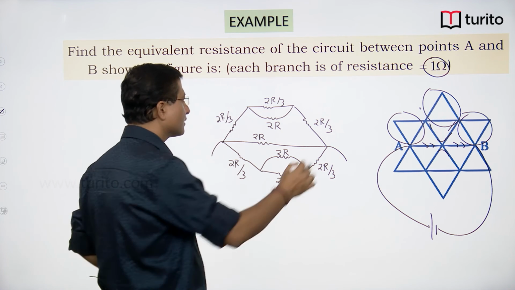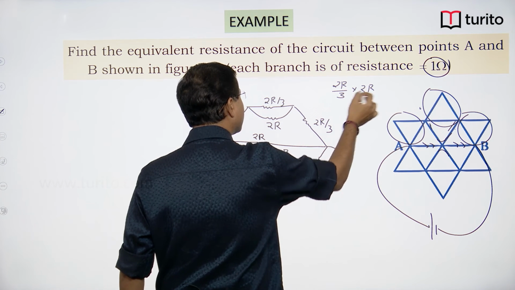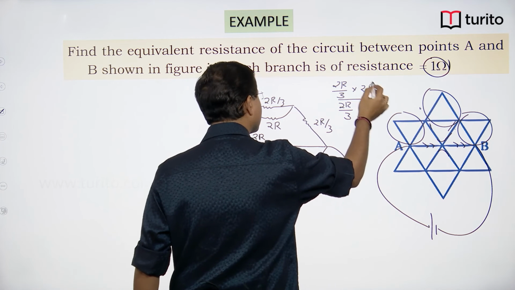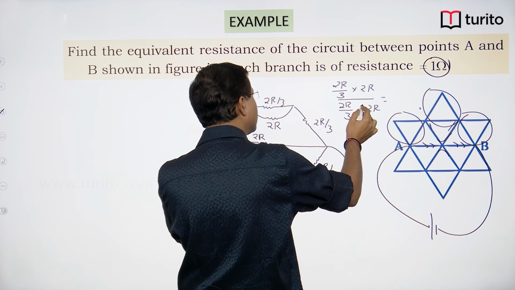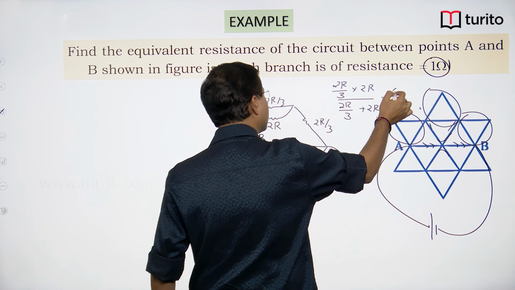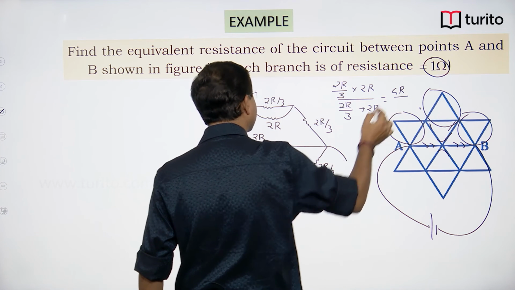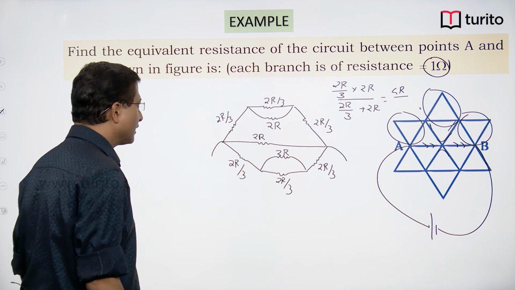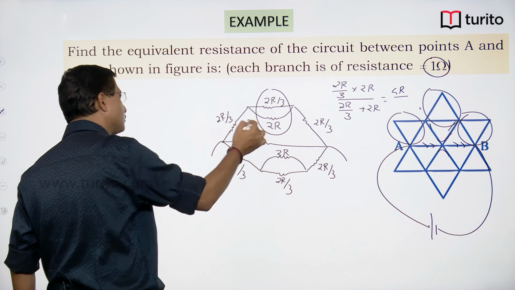So 2R by 3 into 2R divided by 2R by 3 plus 2R. So 4 I can see here and 8 I can see. So R by 2 I can see. So this whole thing is R by 2. Okay. This R by 2, this R by 2 and this 4R by 3.